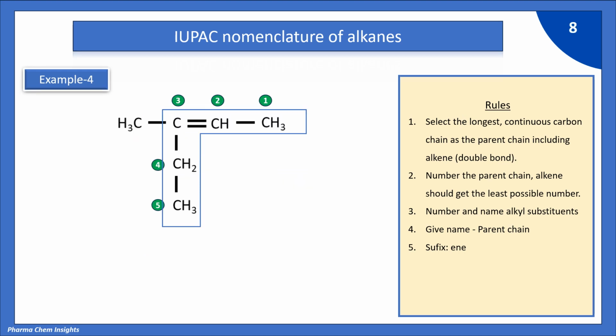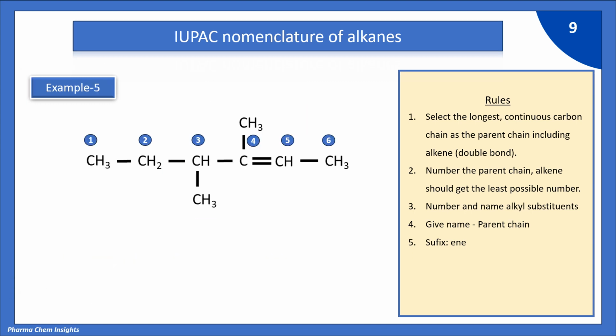The numbers with color green are the correct way to number because the alkene is getting the least possible number, which is at second. So this numbering is correct. And we have a methyl group at the third carbon atom. So the name for this compound would be 3-methylpent-2-ene.